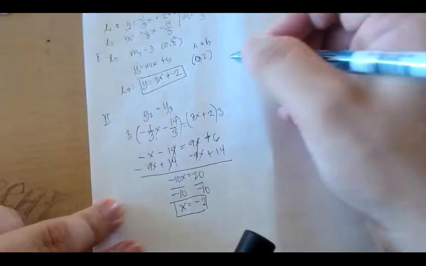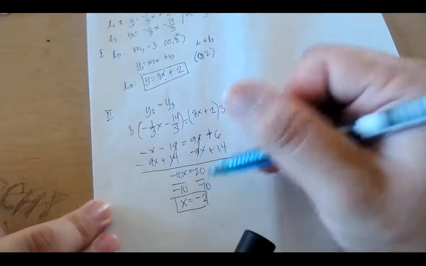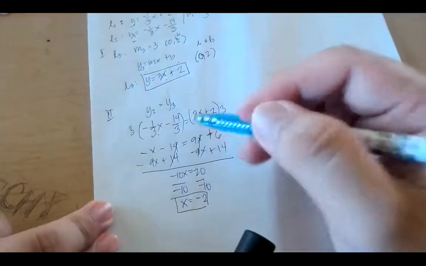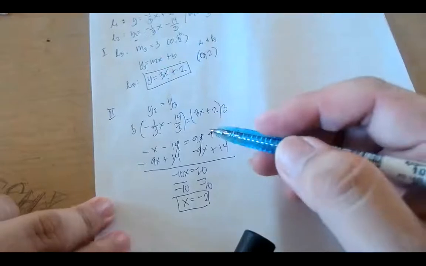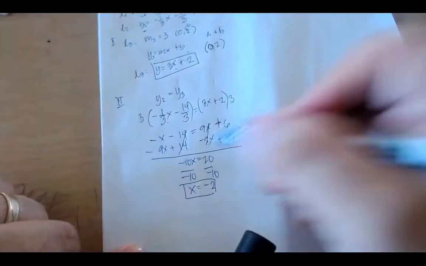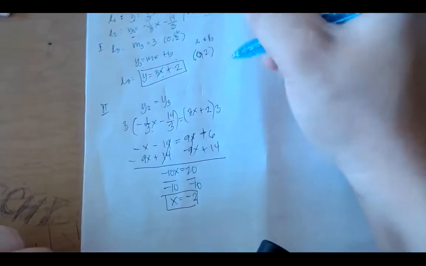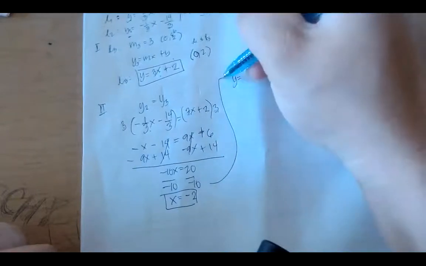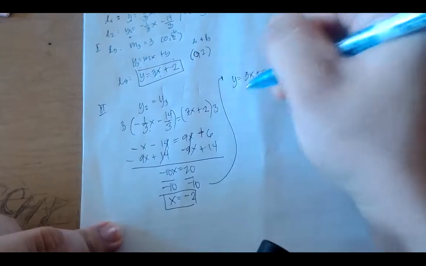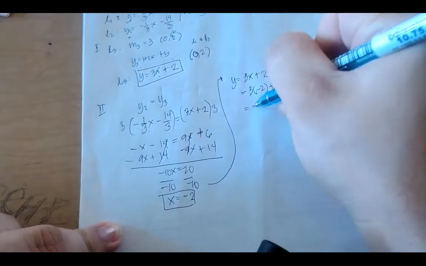Now we're going to solve for the y by replacing the x in your third equation. Might as well just use the third equation because there's no fraction. So it becomes y equals 3x plus 2, equals 3 times negative 2 plus 2, negative 6 plus 2.